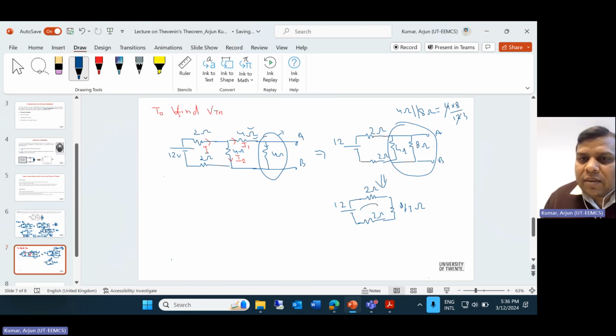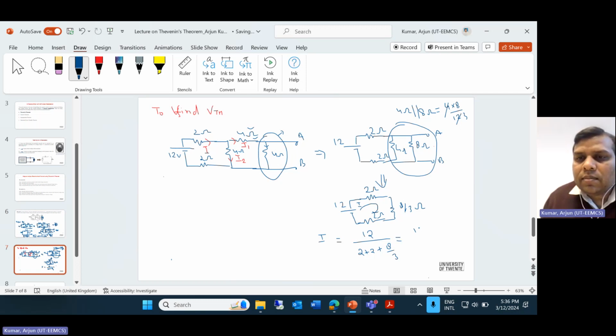Okay, now simply apply the KVL, you will have the total current in the circuit. Okay, so this I will be here. Simply apply the KVL in this loop. So you will have 12 upon this 2 plus 2 plus 8 by 3, because all our values are in series, right?